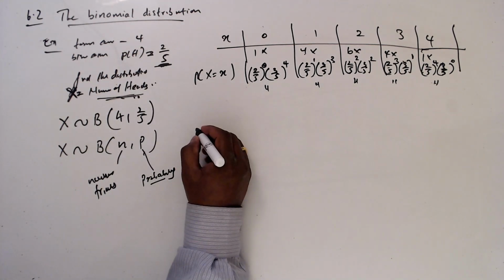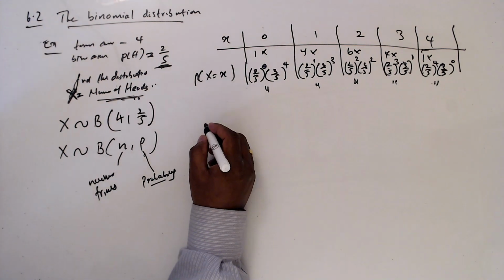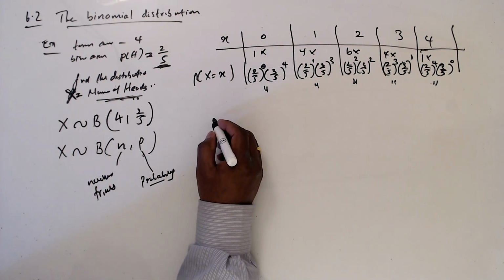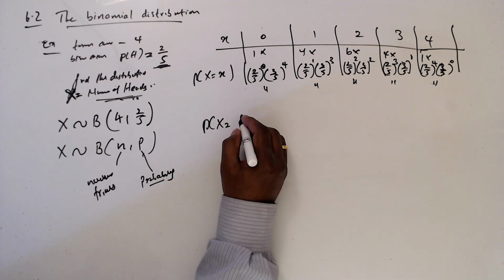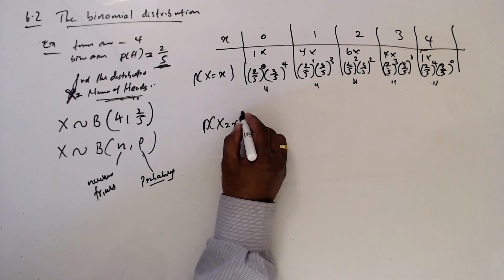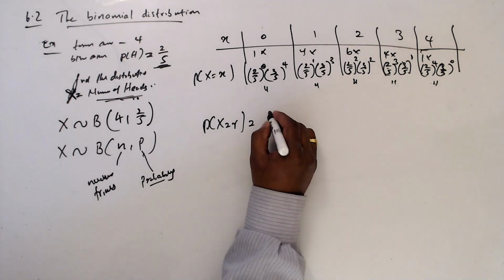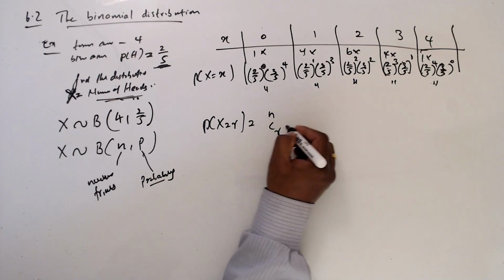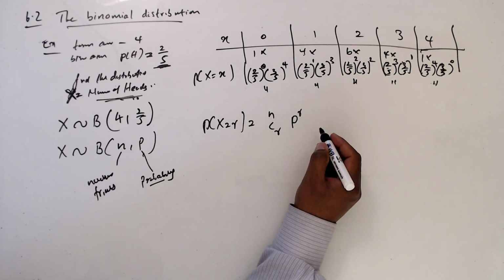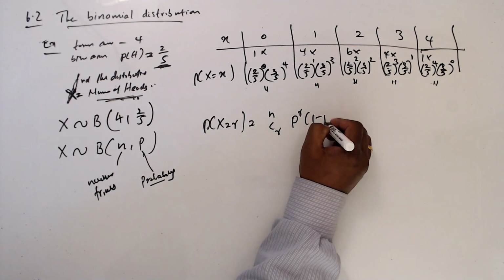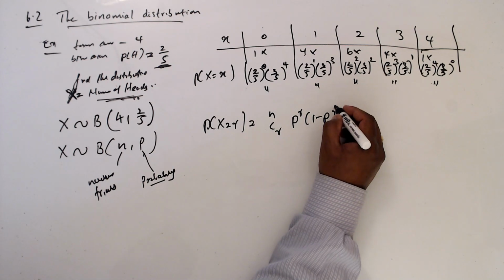To apply this, we write the probability distribution as probability of X equals r equals nCr p^r (1 minus p)^(n minus r).